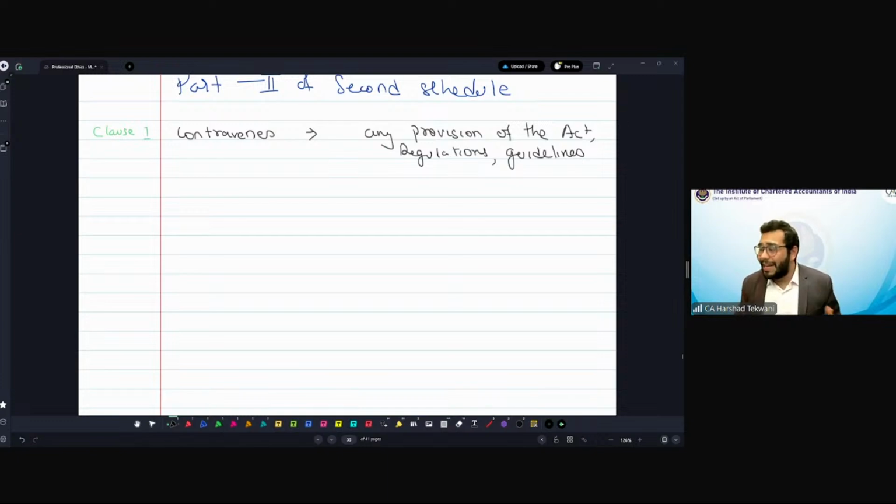There are various guidelines that we have discussed till now, such as the networking guidelines and advertisement guidelines. There are further guidelines that we will discuss in the coming lectures. So if a member contravenes those guidelines or the provisions of the act we have already discussed, he will be held guilty of professional misconduct.